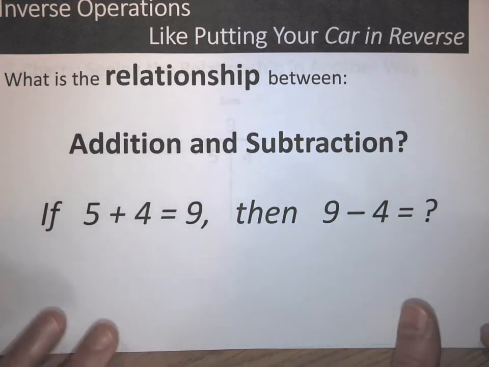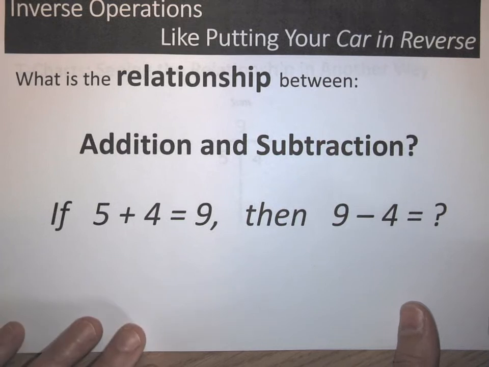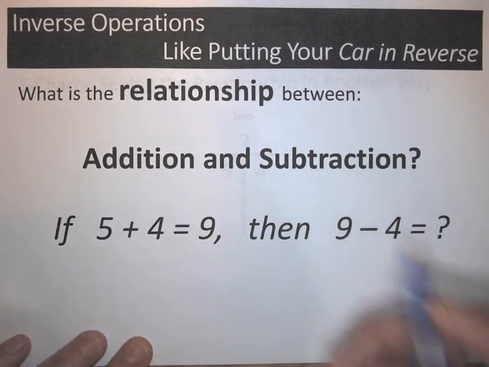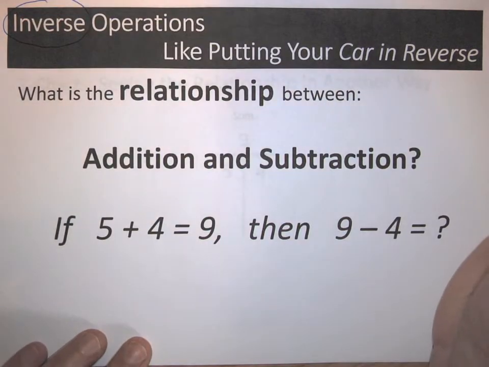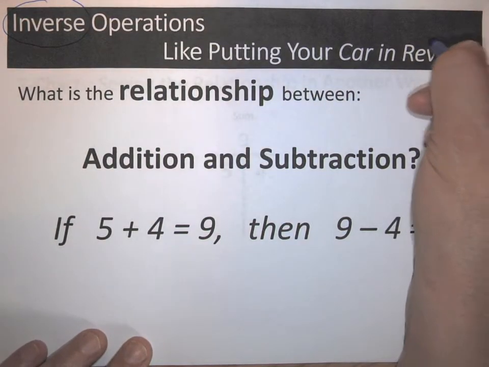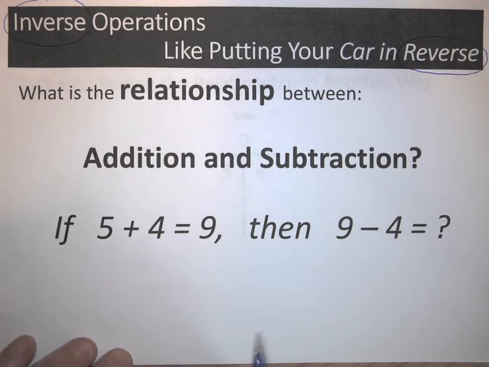All right, so let's talk for a minute about the relationship between addition and subtraction. And we've already seen this word inverse. And I have a colleague who says it's like putting the car in reverse. So if I was driving, let's say addition is going forward, 5 plus 4 equals 9, but then if I took the car and I put it in reverse, I'm still going over the same information.